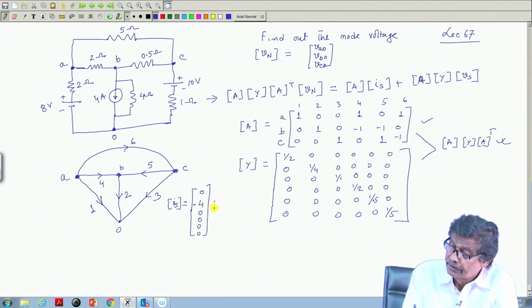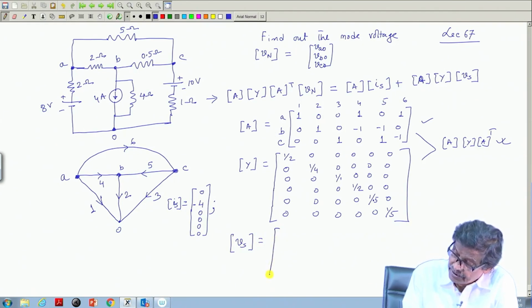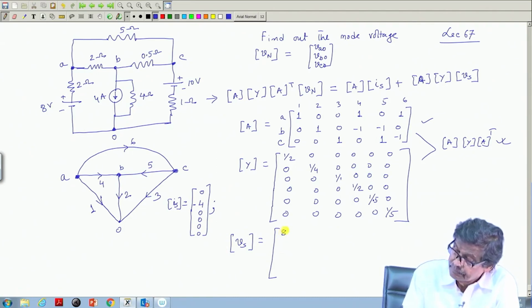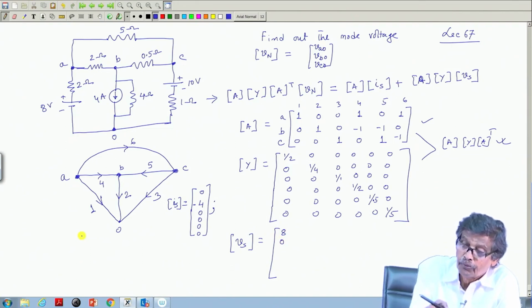Then I write what will be Vs. It will be also a column vector, and Vs will be equal to, go to each element, see where a voltage source is present. See, element 1 there is a voltage source 8 volt, and 8 is connected to node A. This is the element direction. So, it will be plus 8. In element 2, no voltage source.